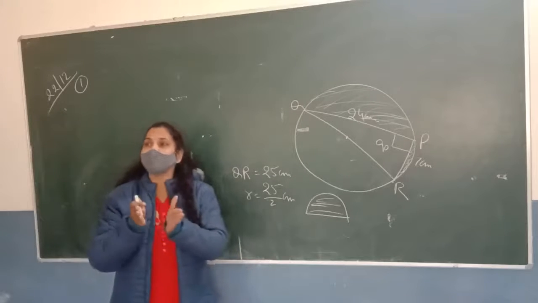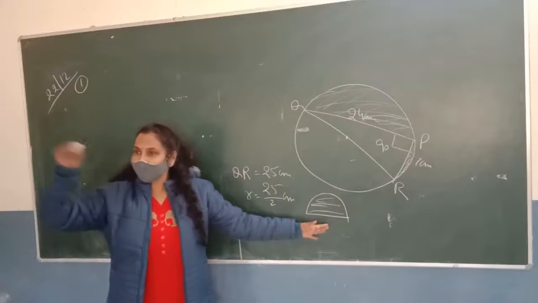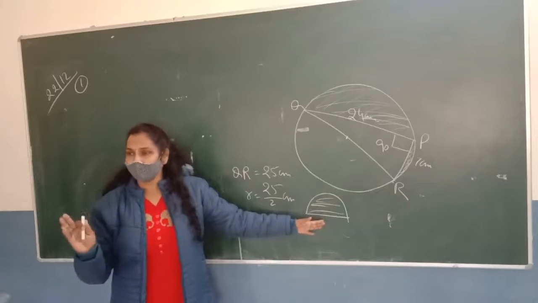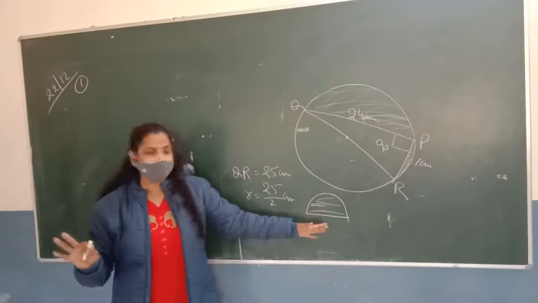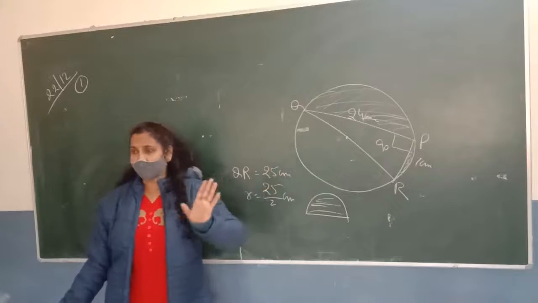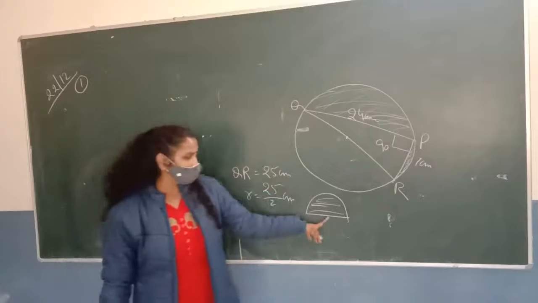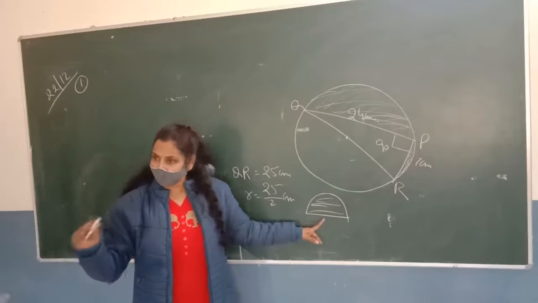So the area of the semicircle is pi r square upon 2. Or if you are using the property theta upon 360, then theta is 180 here. Otherwise it is simple: pi r square upon 2.